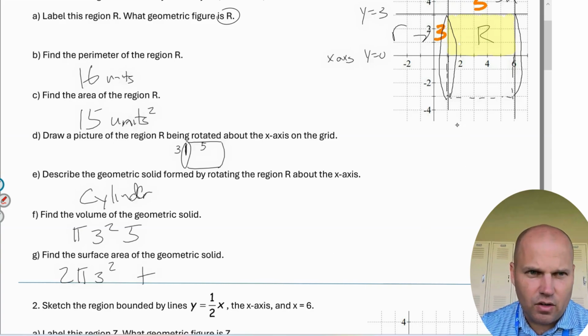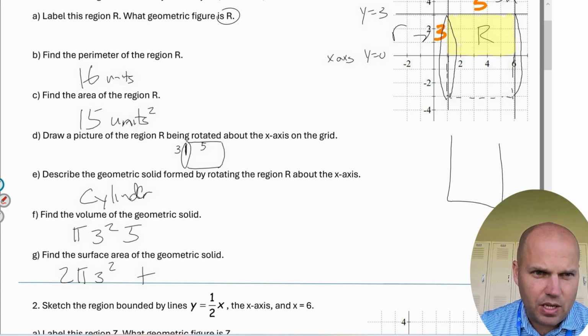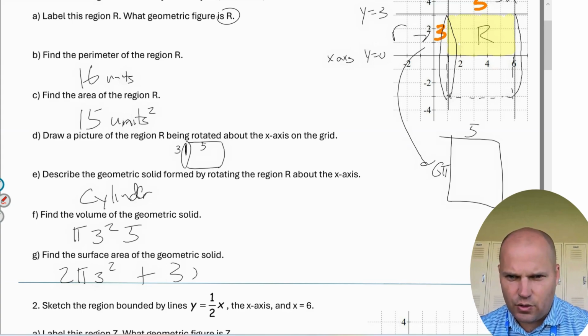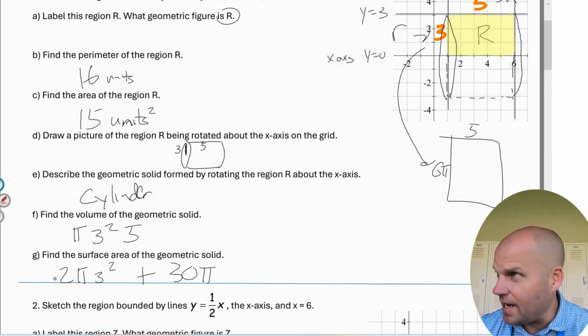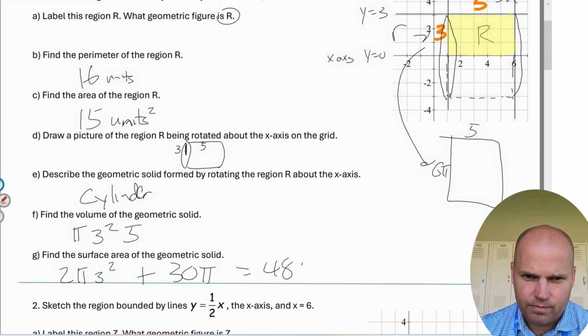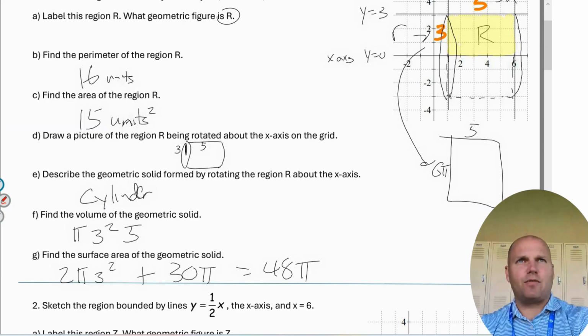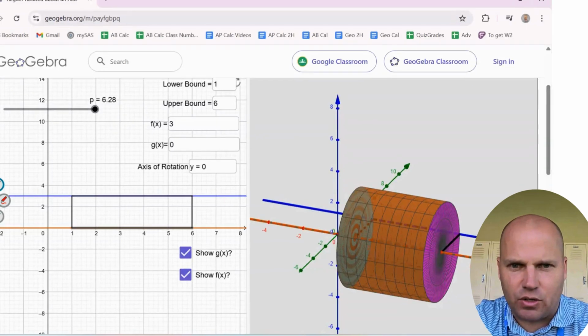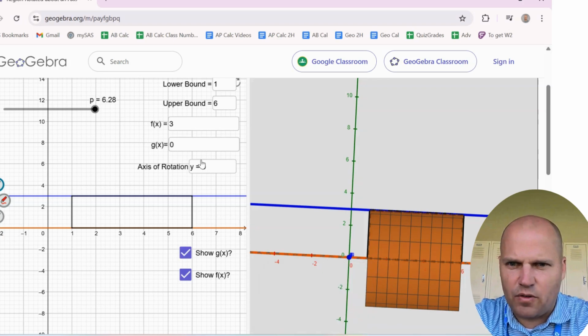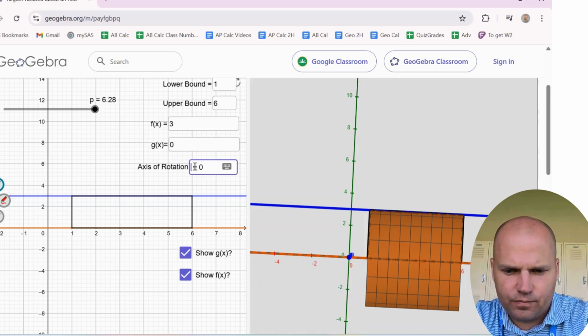And I have the rectangle, which is rolled out to be this circumference times this height, so 30 pi. So I have 18 pi plus 30 pi is 48 pi.